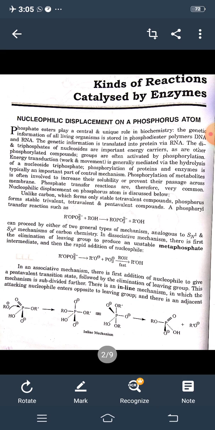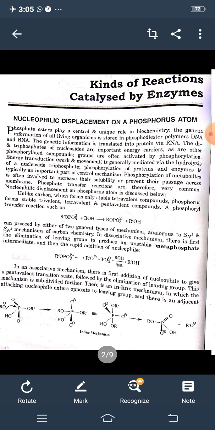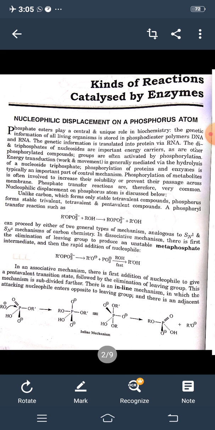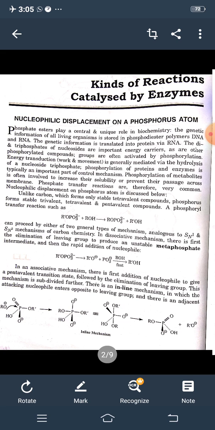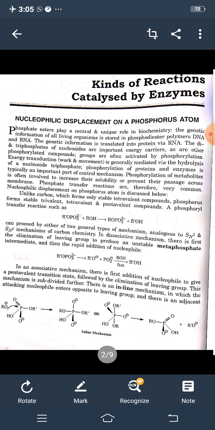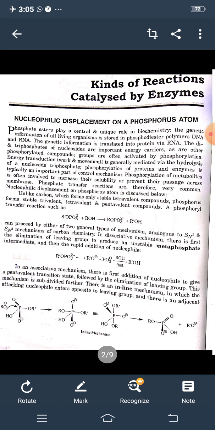The di and triphosphates of nucleosides are important energy carriers, as are other phosphorylated compounds. Groups are often activated by phosphorylation. Energy transaction work and movement is generally mediated via the hydrolysis of nucleoside.